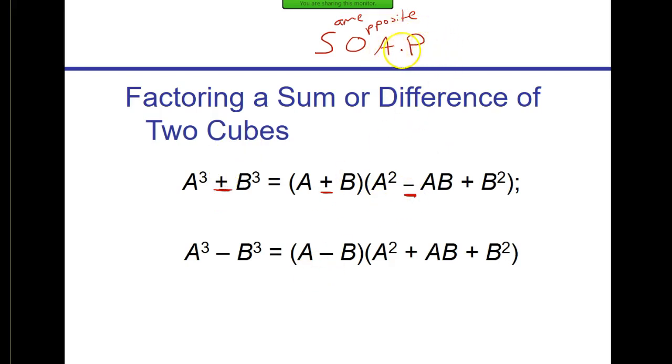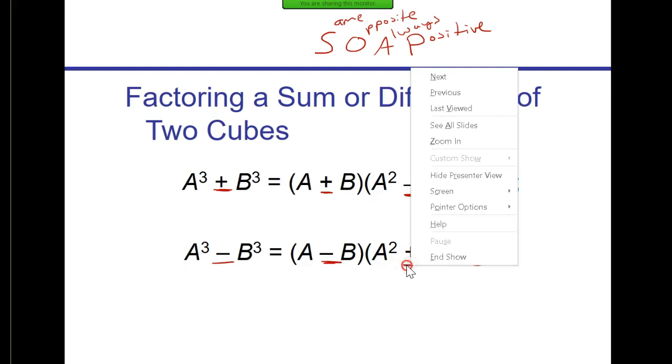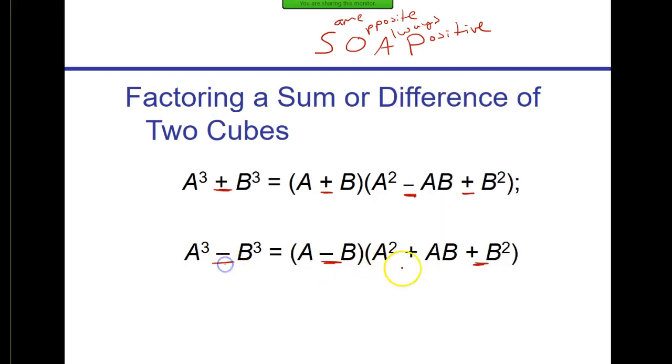The next two stand for always positive. So you see that these two are always positive. So the first sign is the same. The second sign is the opposite. So this was minus, now it's plus. And the last one is always positive.